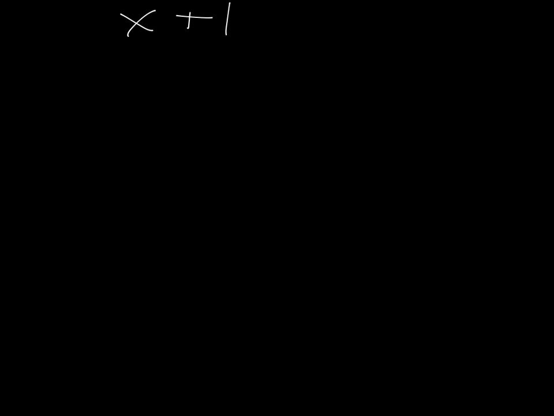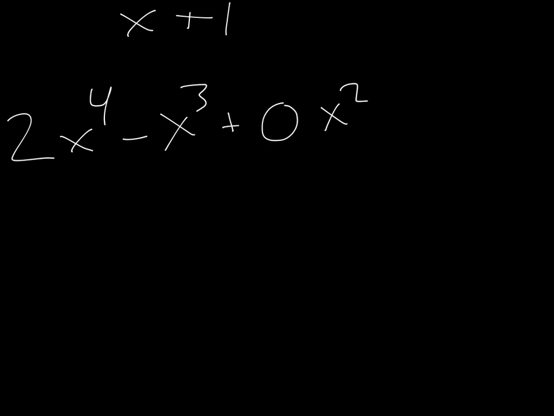So before I actually do the division, I'm going to rewrite the polynomial with all the successive terms of x. So I'll rewrite this as 2x to the 4th minus x cubed plus, since there's no x squared term, I'm just going to write 0x squared plus 0x plus 4.